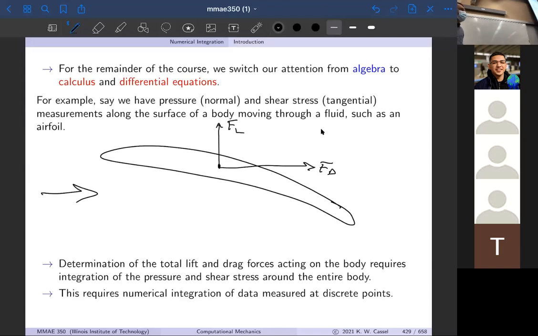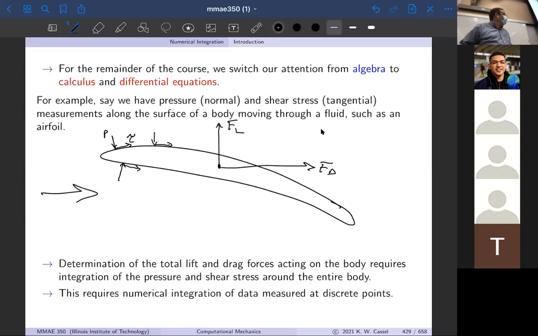Well, on the surface of the airfoil, if you zoom in on that surface, there are normal forces, which are pressures, and there are tangential forces, which are shear stresses. So at every point along the airfoil, there's going to be a pressure and a shear stress.